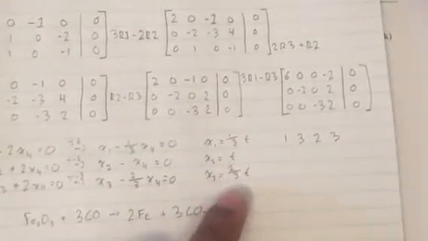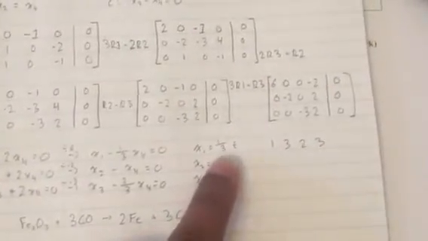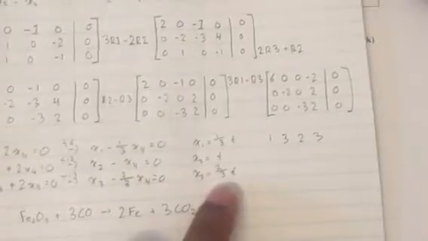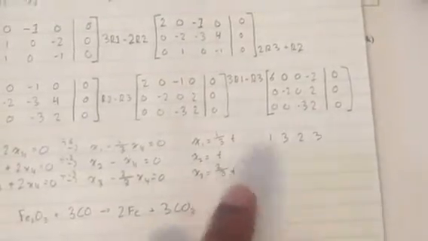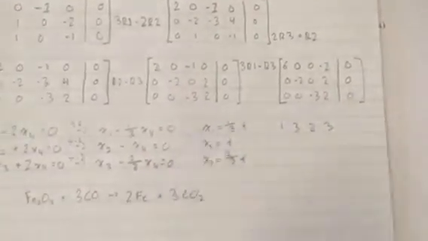If we do 1 for t, then x1 will be 1 over 3 and x3 will be 2 over 3. But since we don't want fractions, the best way is to make t equal 3. So then x1 will be 1 and x3 will be 2, and x4 will also be 3, just what we did for x2. And when we finish it, it will give us this balanced equation.